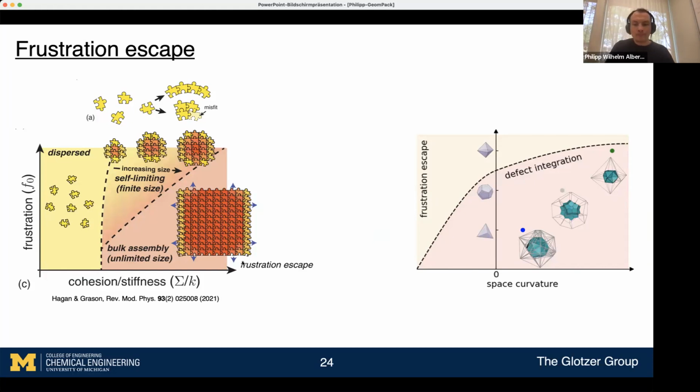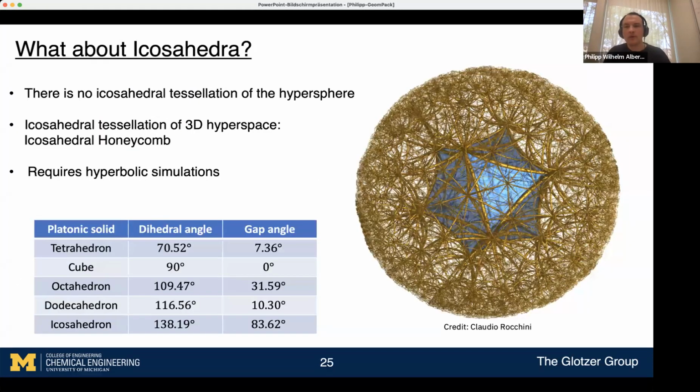So to end this talk, I really quickly want to talk about the icosahedra, because that's the missing Platonic solid. And like I said in the very beginning, the perfect tessellation of the icosahedra lives in hyperbolic space.